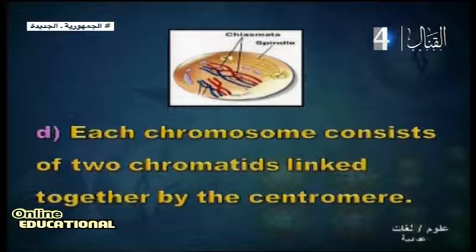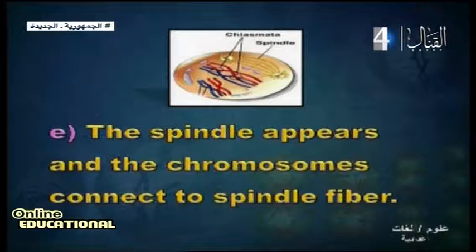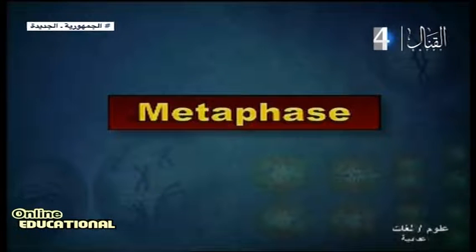So here, similar to mitosis, but each 2 homologous chromosomes get near to each other, forming a tetrad. The spindle appears, but here each spindle fiber is connected to 1 chromosome. The nuclear membrane disappears, and we are ready for metaphase 1.